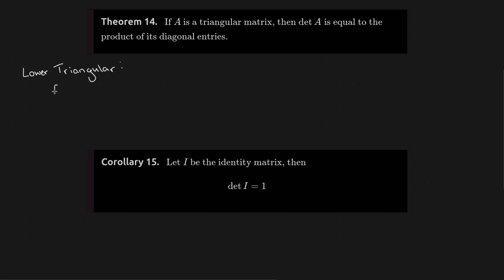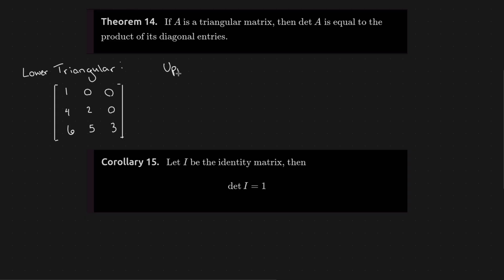A lower triangular matrix would be a matrix like this, where everything above the main diagonal is 0. In other words, the only non-zero elements are in this lower triangle of the matrix. We call that a lower triangular matrix.